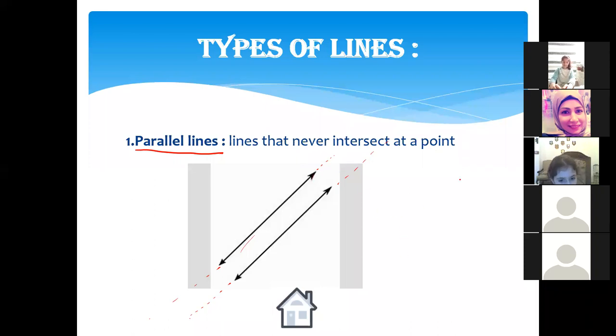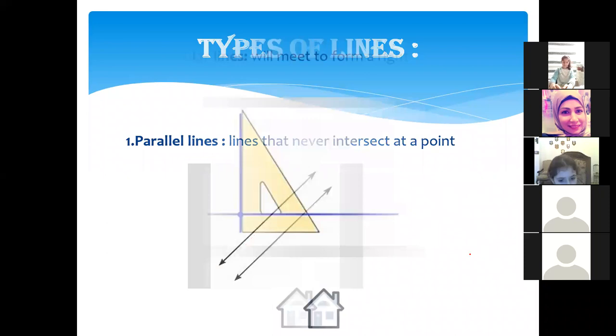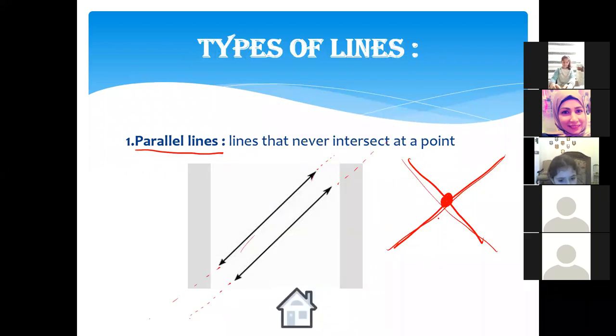What do I mean by meet? Look at these two lines here. The first line and the second line meet at this point. Did you see this point? They meet at this point. But here, these two lines that are facing each other, they never meet at a point.